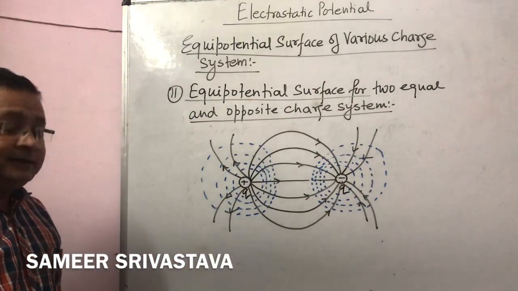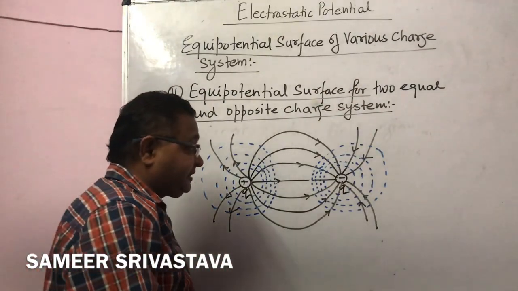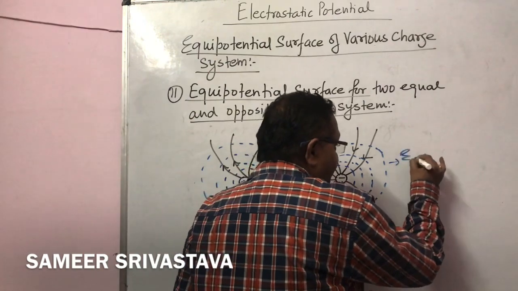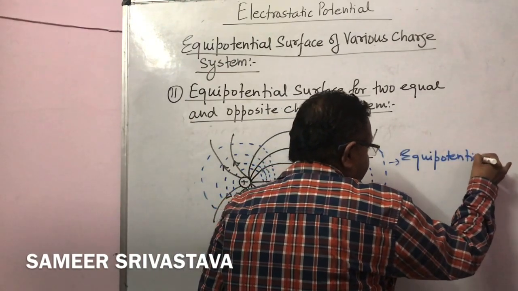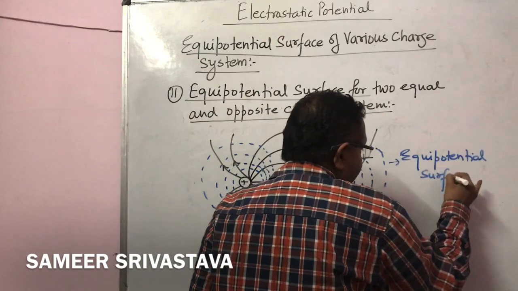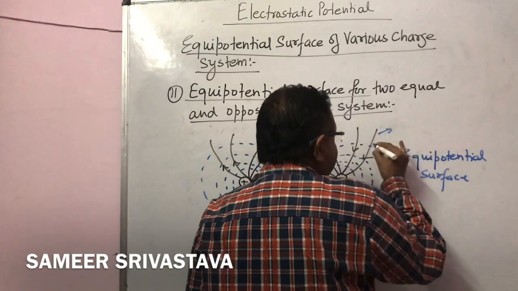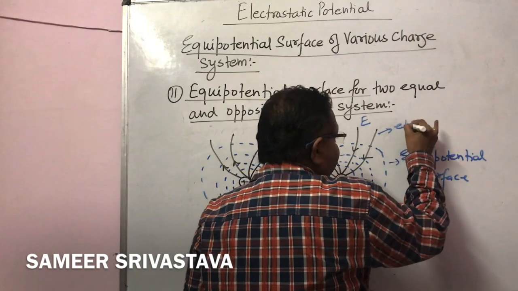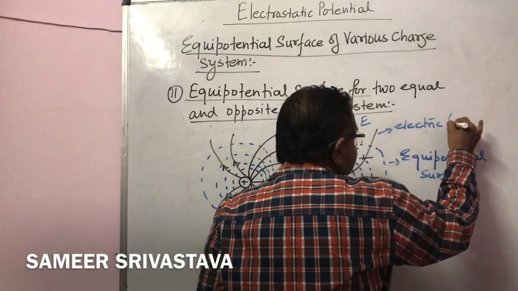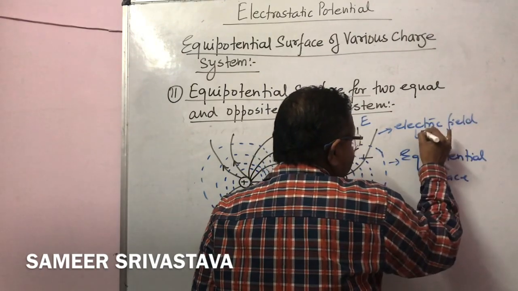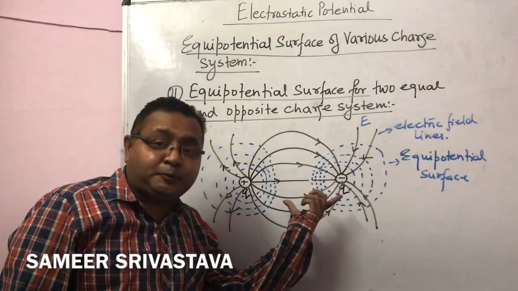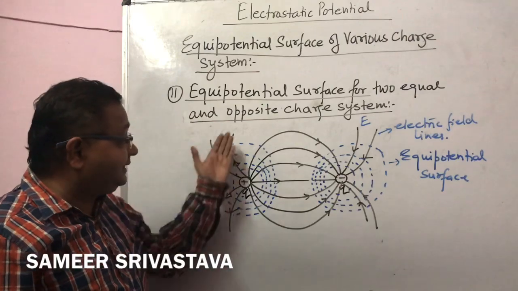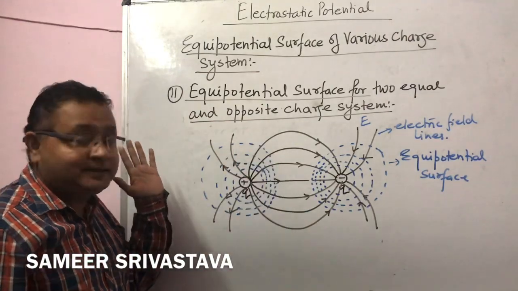So this is a diagram for the equipotential surface. These are what? Equipotential surfaces. And what about this? These are electric field lines. So if we have a combination of two equal and opposite charges, we make the equipotential surface like this.